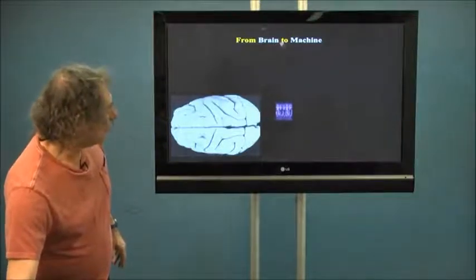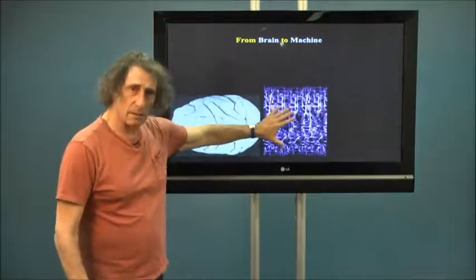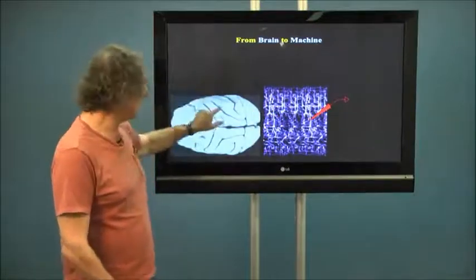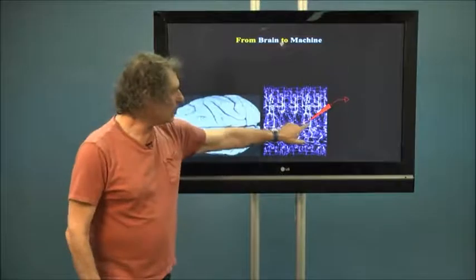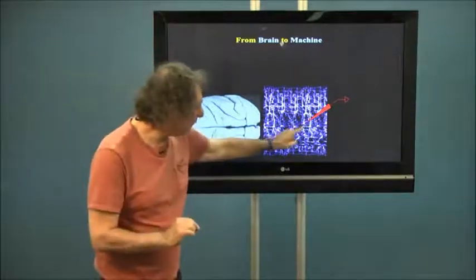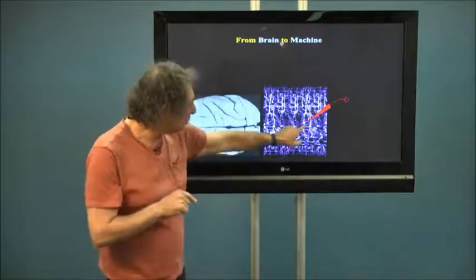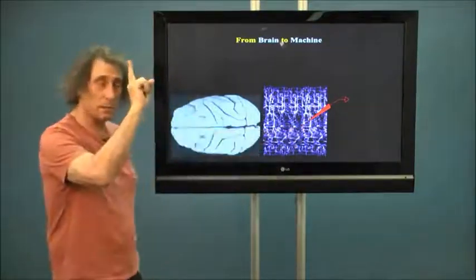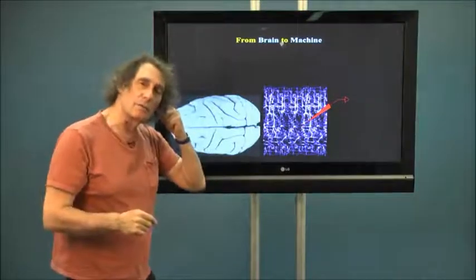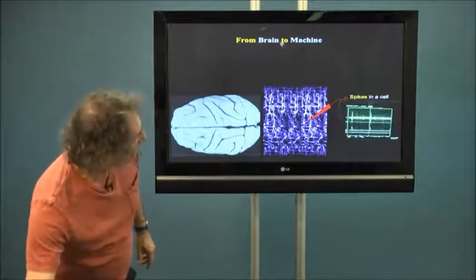If you zoom out, you see a big network, many cells, billions of cells within this network, and you may record using very, very fine electrodes that you implant or impale into this region, into this particular one cell. And you may listen, so to speak, to the electrical activity of this one cell.